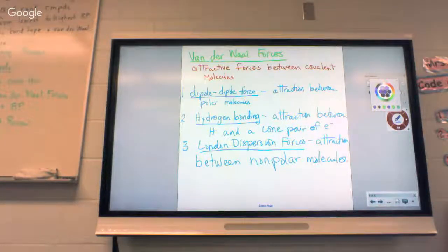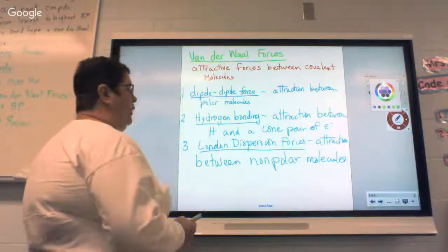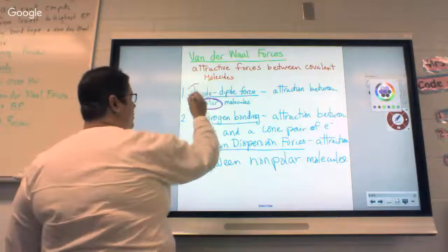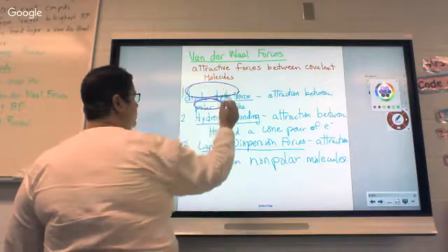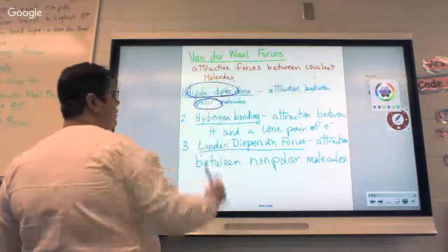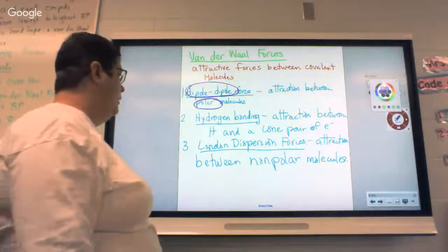All right, everybody caught up? So, dipole-dipole. It has to be what kind of molecule? Polar. You got to remember, polar is dipole-dipole. Okay? All right, dipole-dipole and polar go together.